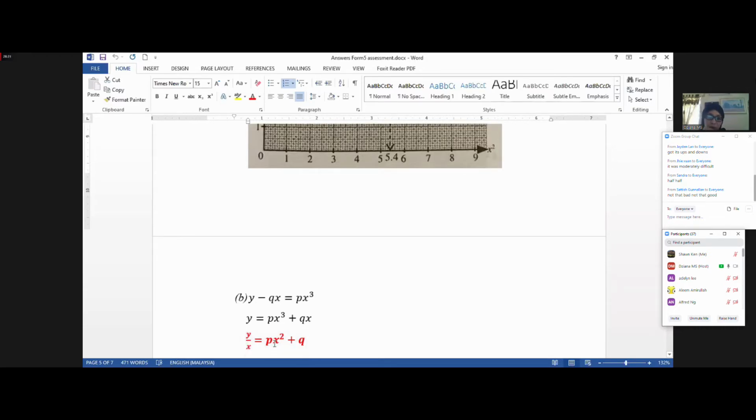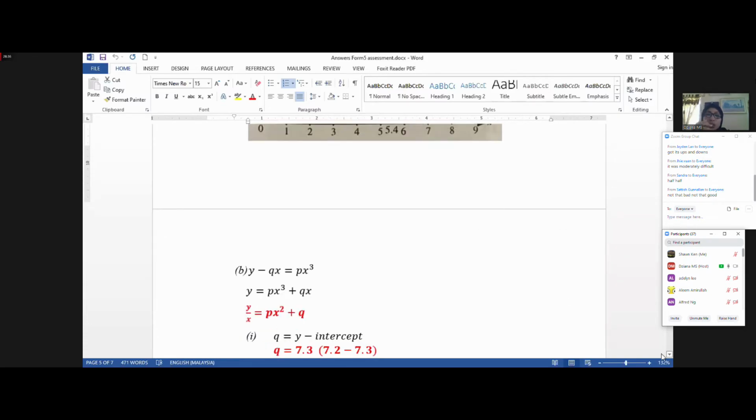So I know that this is my y-axis, which is y over x, and x squared is my x-axis. So P is the gradient and Q is the y-intercept. So straight away, Q is 7.3 or anything between 7.2 until 7.3. 1 mark for the correct linear form, 1 mark for the correct Q.